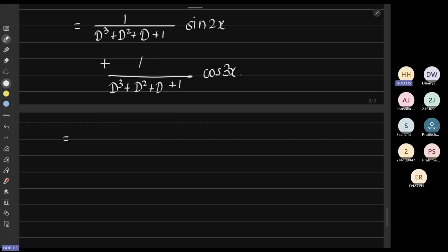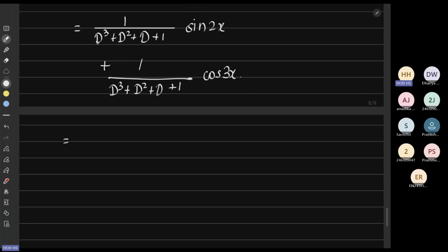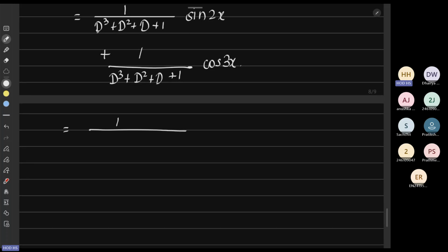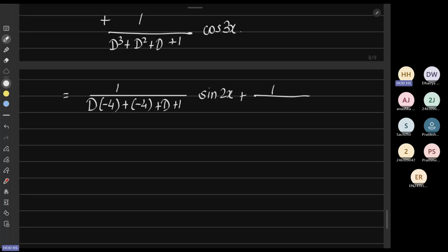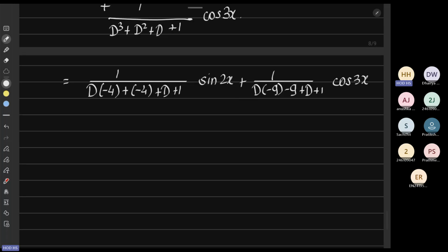Okay, so wherever I can see d square, here there is a part of d square which is given by d into d square. So here minus of a square will be minus 4, plus d plus 1 of sine 2x. For the next term, again we will have d into minus 9, because in this case the value of a is 3, minus 9 plus d plus 1 of cos 3x.